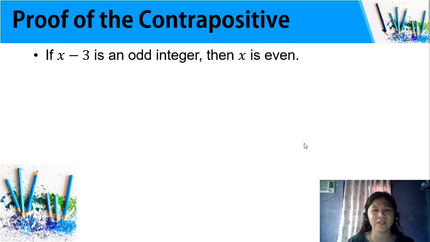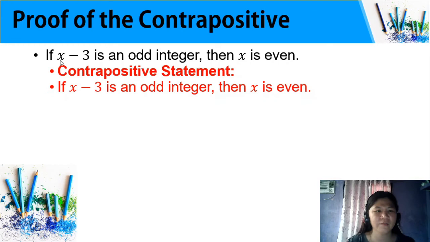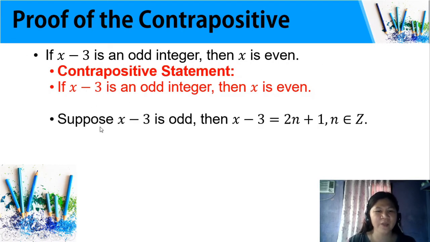Proof of the contrapositive. Let's show the proof for the above example using the proof of the contrapositive. Using the contrapositive statement of the original statement, we will start with the hypothesis.